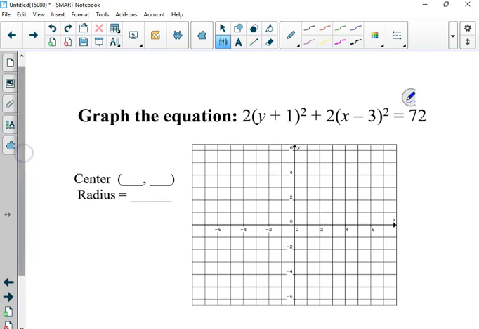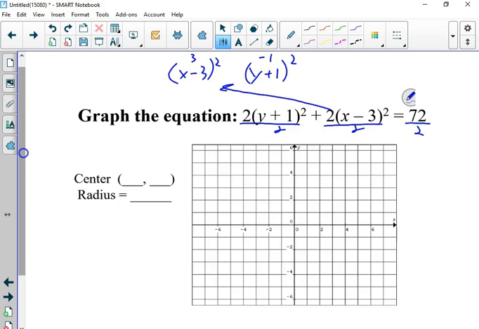Now, notice on this one, it's not in the proper format. We need to divide everything by 2, which is going to give us y plus 1 squared, negative 1 for y. I'm going to move this in front, x minus 3 squared, which gives us 3 for x, equals 36.